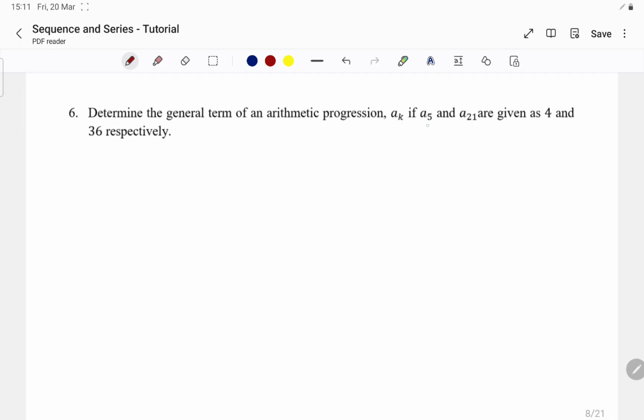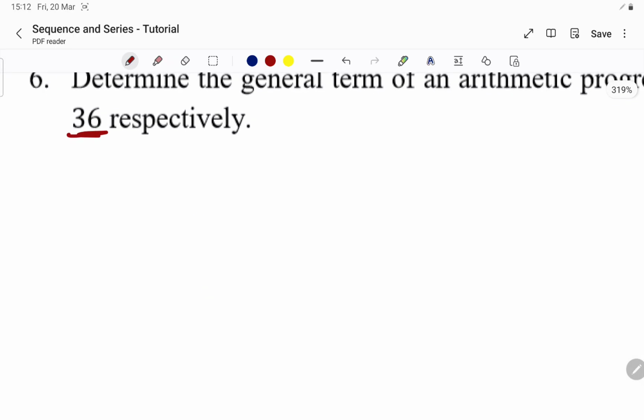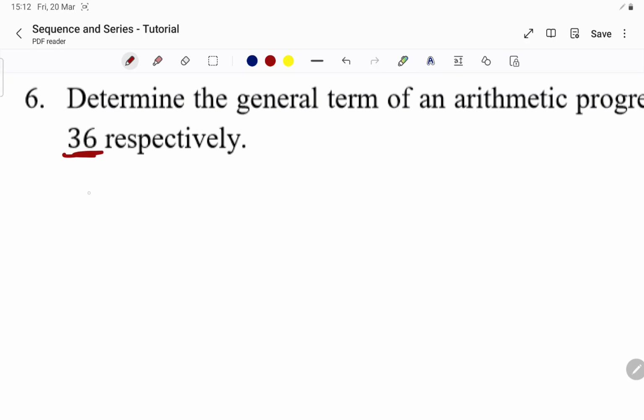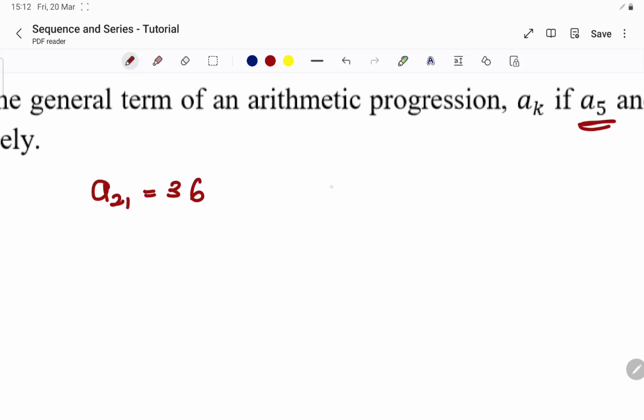This is arithmetic progression, and then A5 and A21 is given as 4 and 36 respectively. This question is also similar with the previous question, where you have to use simultaneous equations also. Okay, now for this one, we have A5 is equal to 4. Then A21 we have equal to 36. They want us to find AK.